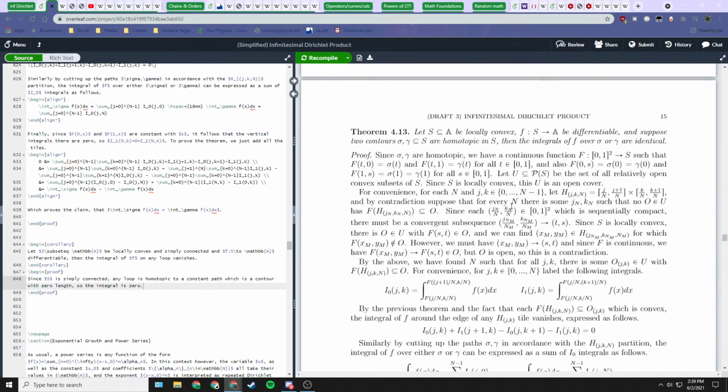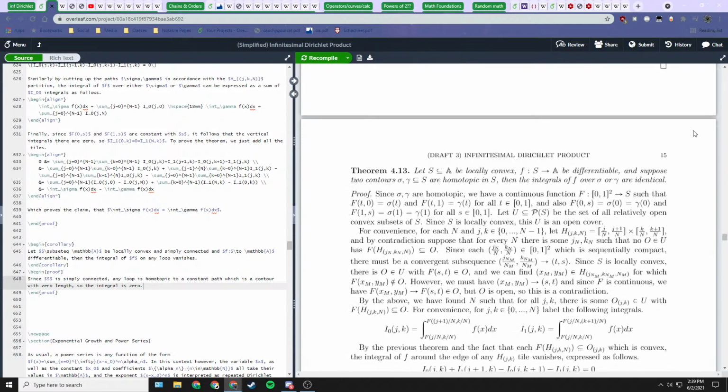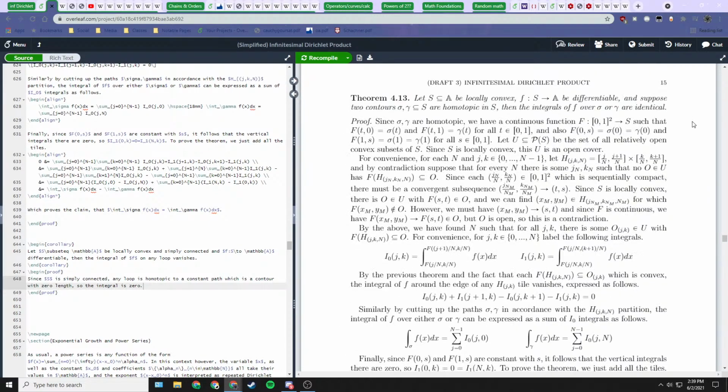Okay, so this is most of what we want to get through, actually. I think we can probably get into analyticity now. I think we have enough. I think we do have enough.